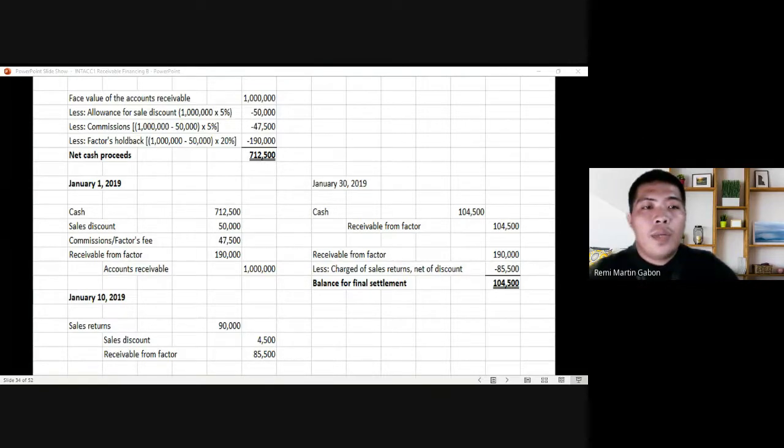So we debit sales return, credit sales discount 4,500, and we credit receivable from factor 85,500.